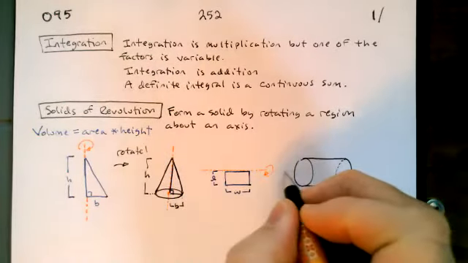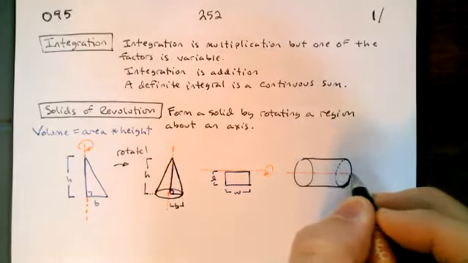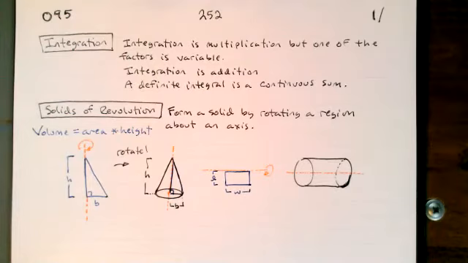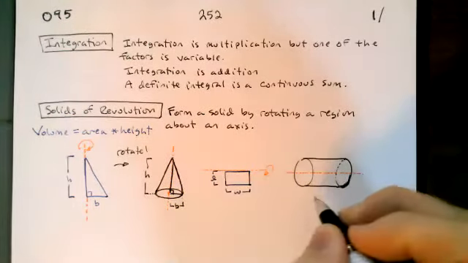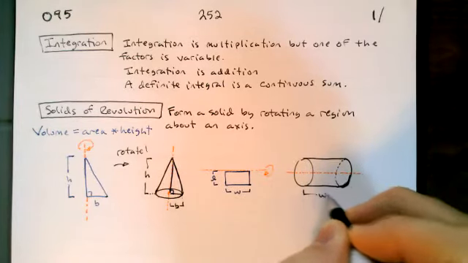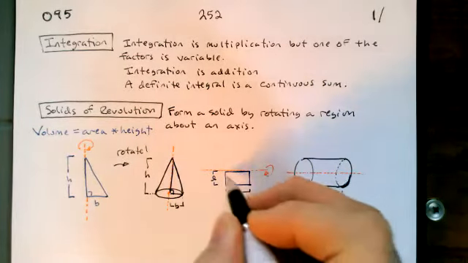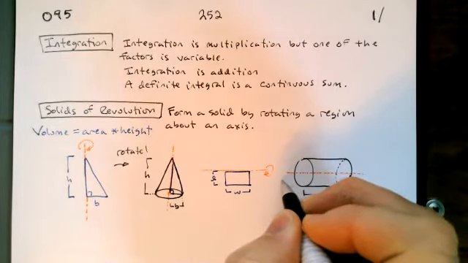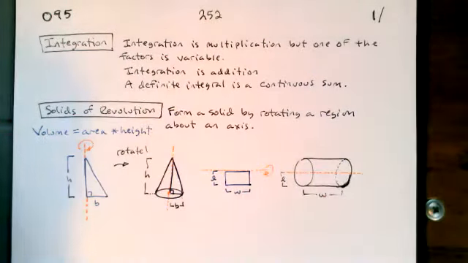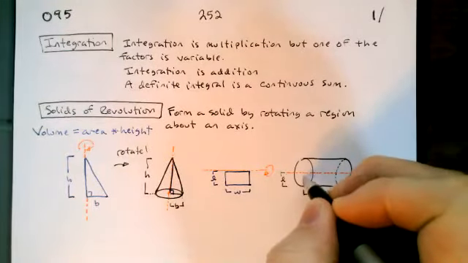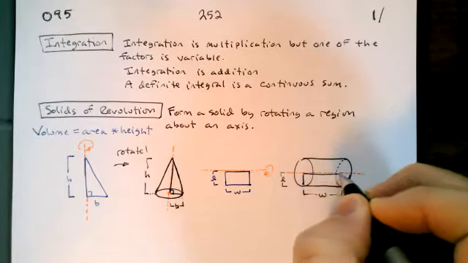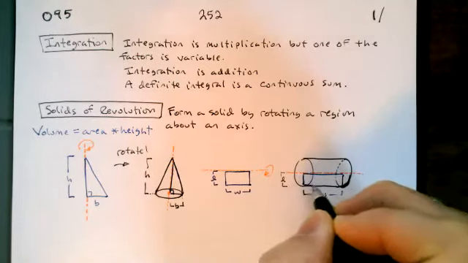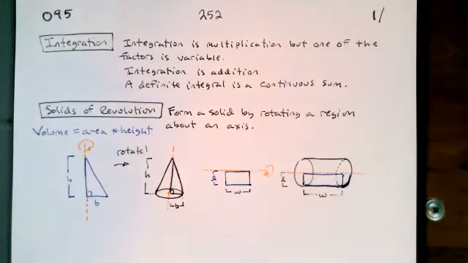The axis of rotation would be going right through the center of the cylinder. The width of the cylinder will be the width of our original rectangle, and the length of our rectangle will form the radius of the cylinder. Our original rectangle will be in here. So here's how we're going to form a solid.